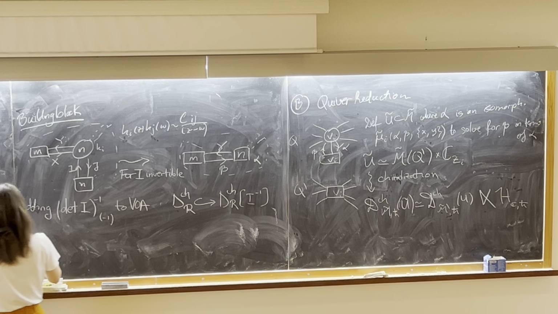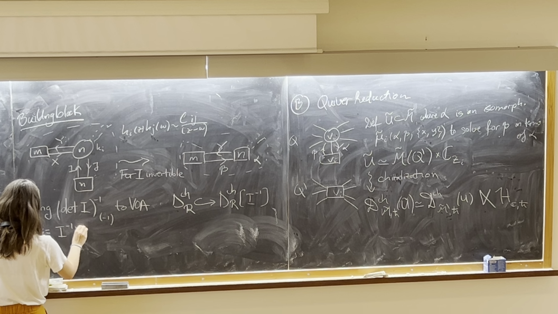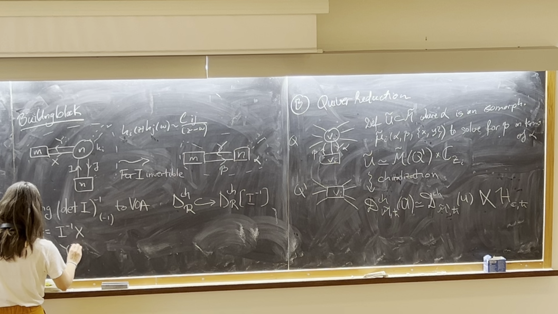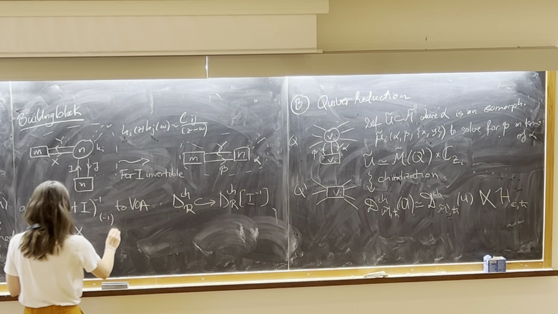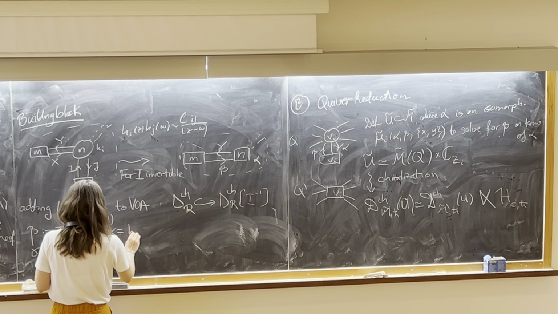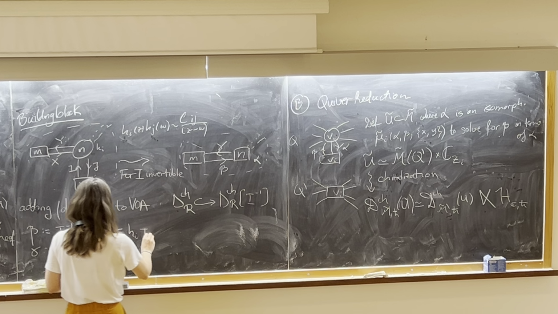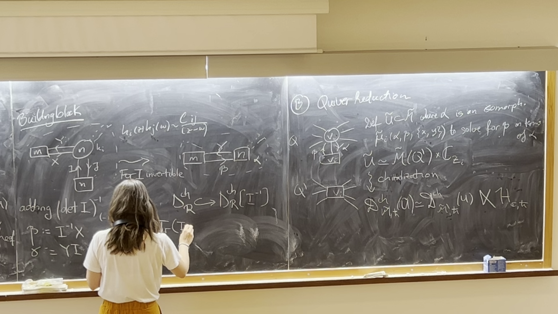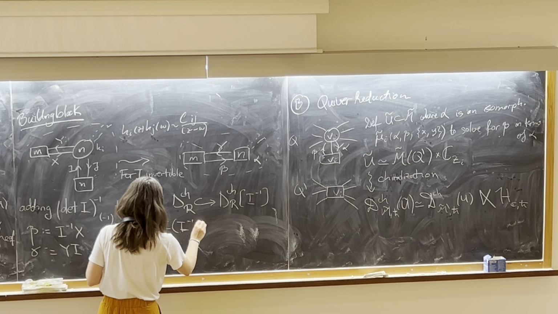And with the mapping that defines beta to be I inverse X, gamma to be Y I, and then alpha to be the Heisenberg plus 2 trace I inverse partial I.